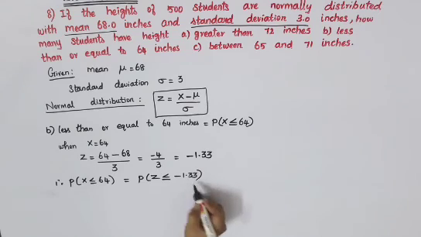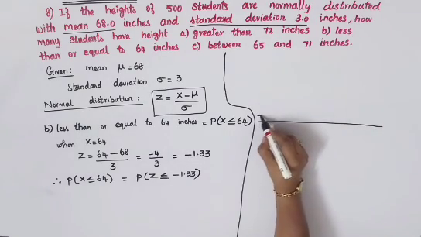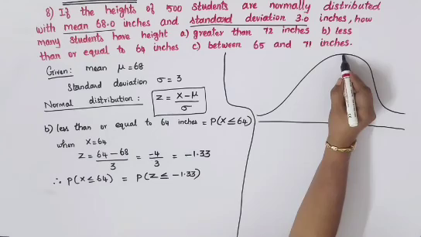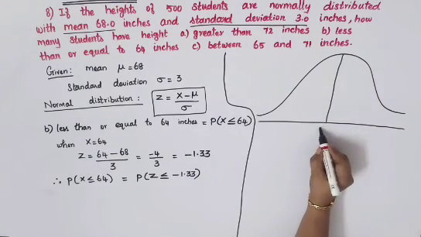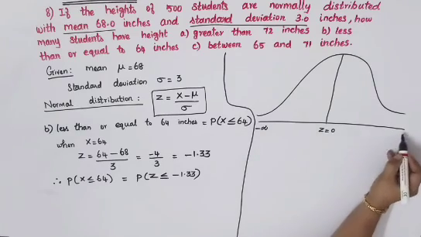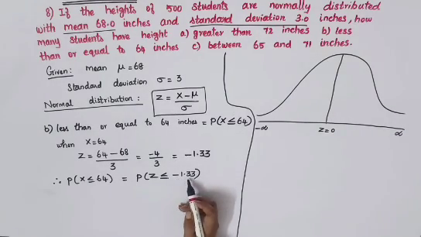Now you will have to mark this region in your normal distribution diagram. In the middle, z is equal to 0. So from minus infinity to plus infinity, you have to find the region less than minus 1.33.